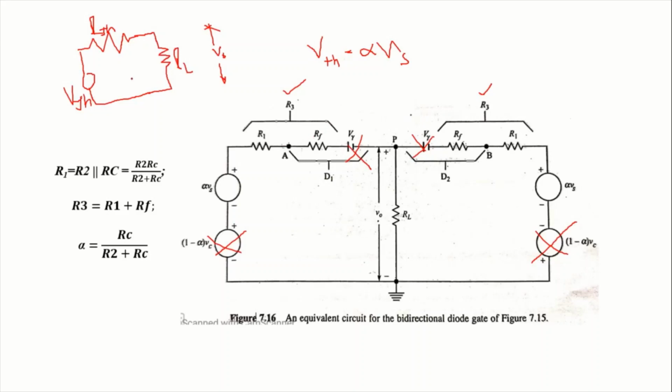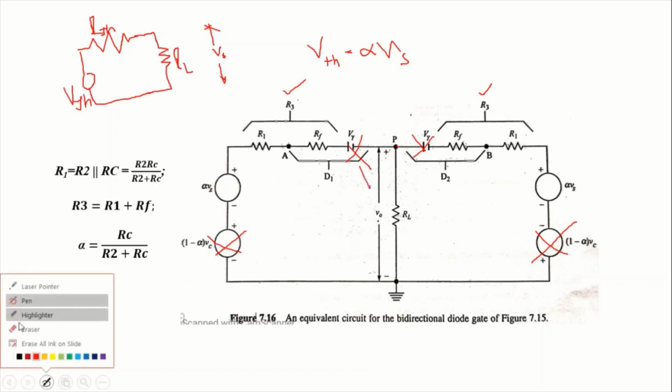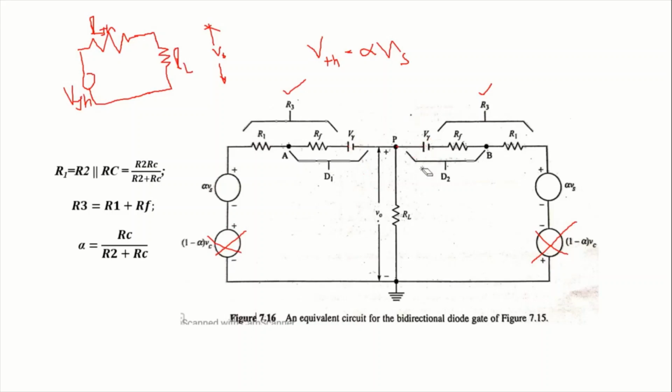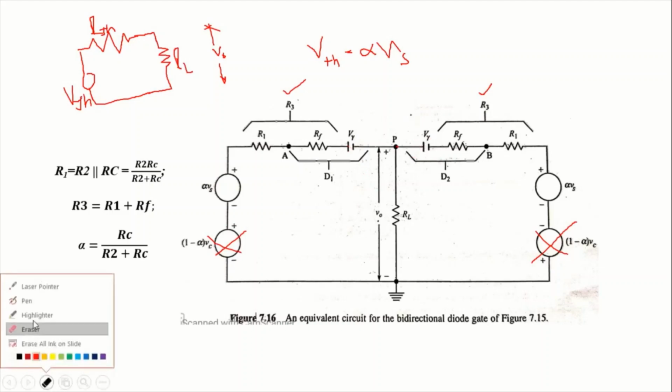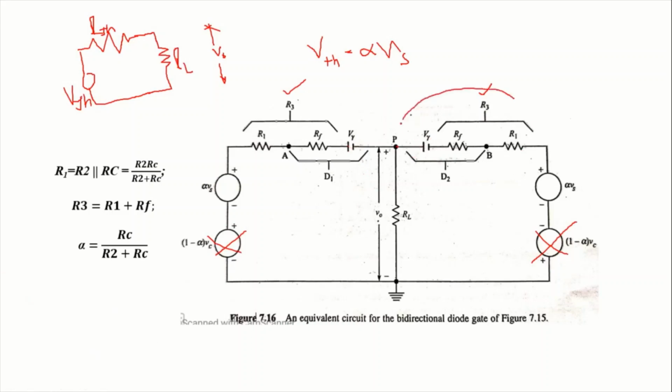Now coming to RTH, the Thevenin's equivalent resistance. At this node P, this entire branch and this branch from this side are in parallel, which means both R3 resistances will be in parallel with each other to find RTH.